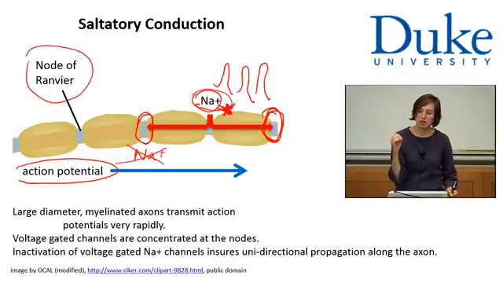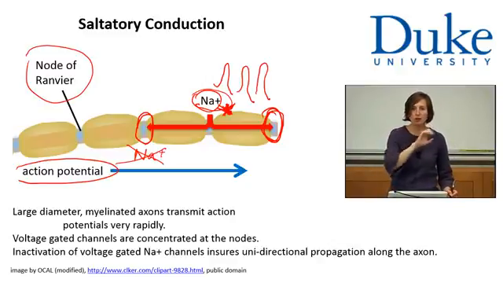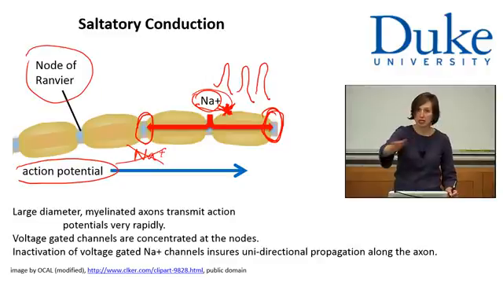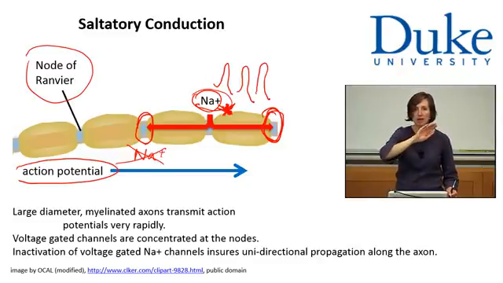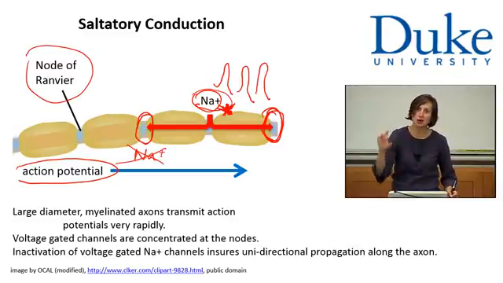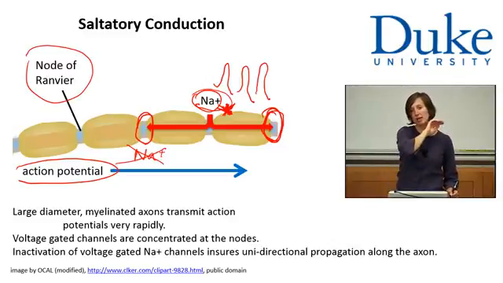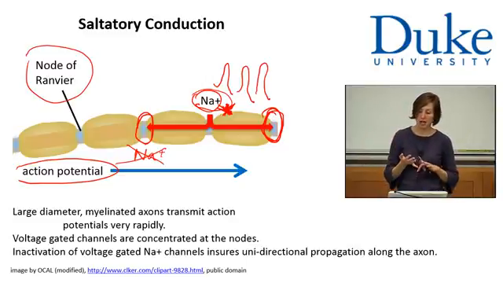So it's just like a wire, where if you have a thicker wire, a wire with a larger diameter, then current will travel down it more quickly because there's less resistance, because there's more paths to choose from. And so an axon behaves in the same way. A larger diameter axon has lower resistance, and so action potentials will travel faster down a large axon that's myelinated.